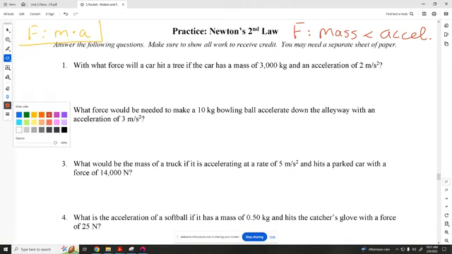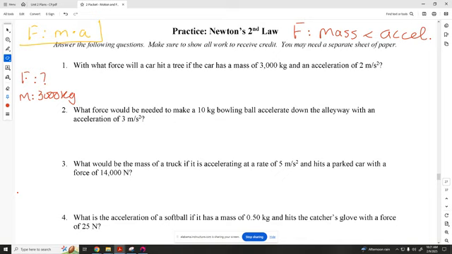So let's look at number one here. With what force, I know I'm looking for force, will a car hit a tree if the car has a mass of 3,000 kilograms and an acceleration of 2 meters per second squared? Our equation: force is equal to mass times acceleration. I don't know force, that's what I'm looking for.